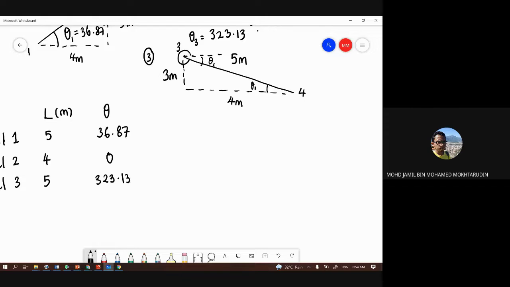Then we find the cosine and sine: cosine, sine, cosine squared, and cosine sine. Okay, so let's compute.